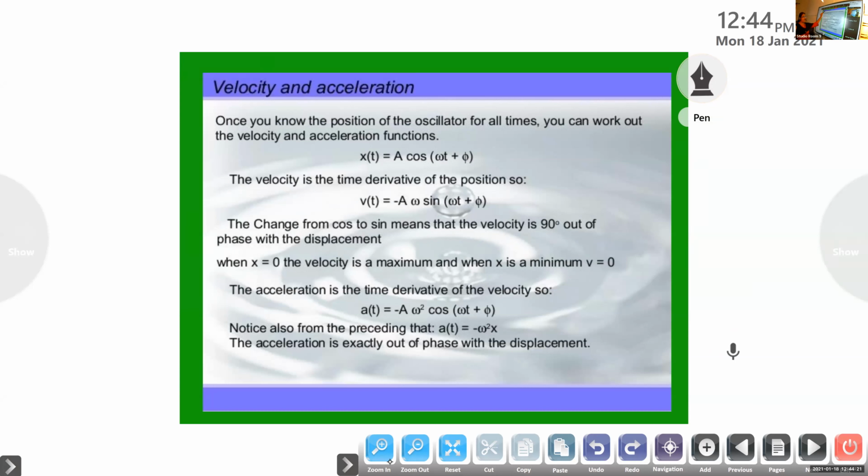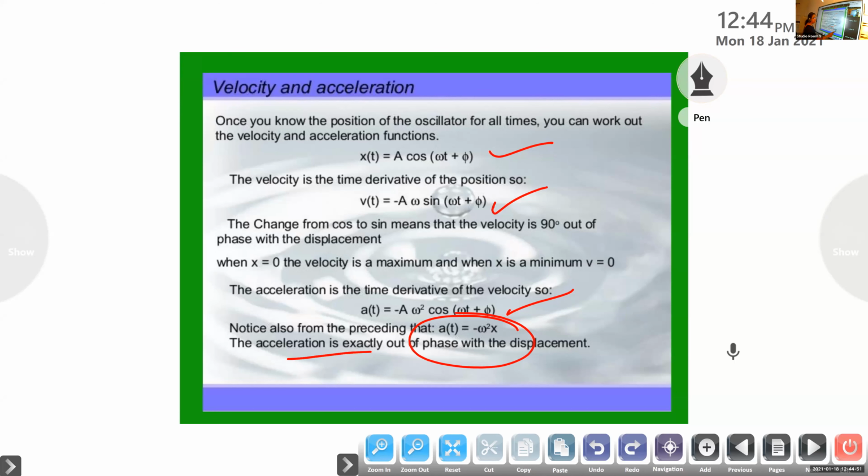Velocity and acceleration in uniform circular motion also give the same values: x equals A cos(omega t plus phi), velocity equals minus A omega sin(omega t plus phi), and acceleration equals minus A omega square cos(omega t plus phi). Finally, what we learned on Friday or Saturday, that acceleration is equal to minus omega square x.